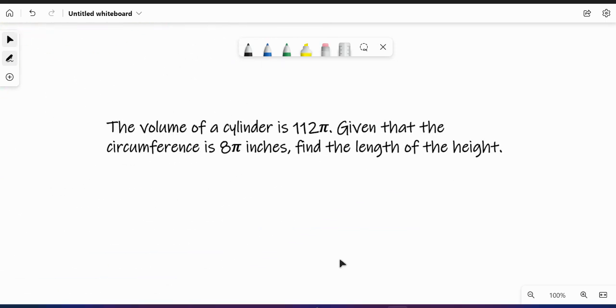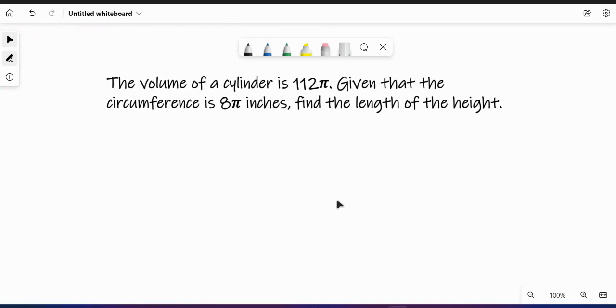The volume of a cylinder is 112 pi, given that the circumference is 8 pi. We haven't worked with circumference yet. The circumference formula is pi times the diameter.